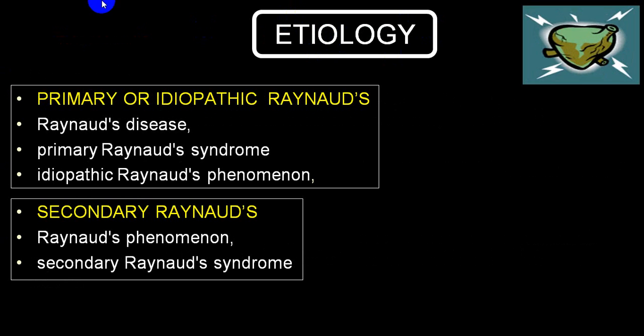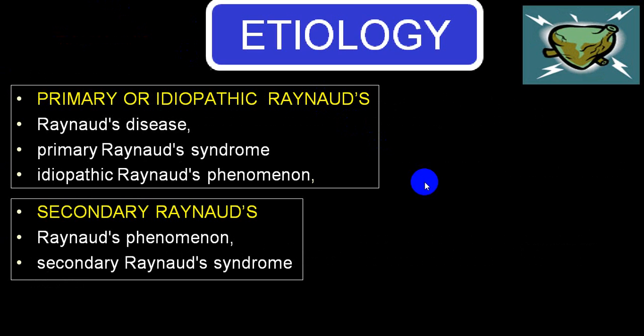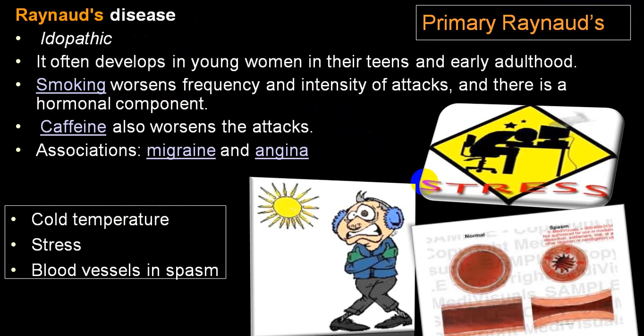Etiology we have already divided into primary and secondary. In primary, we always call it idiopathic. It is very common in females as compared to males. Smoking worsens the frequency and intensity of the attack, so it is one of the factors.